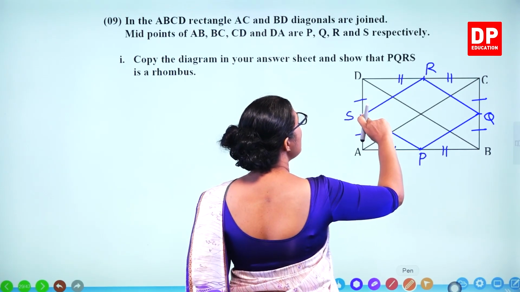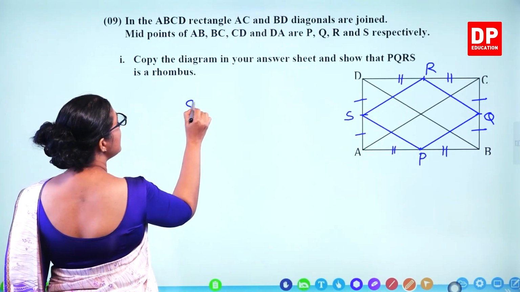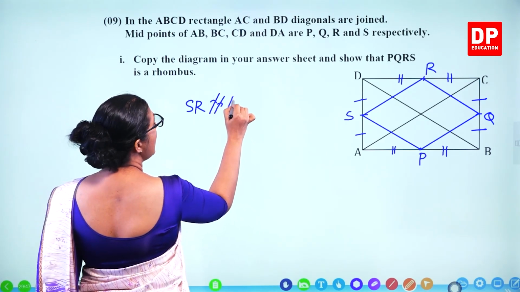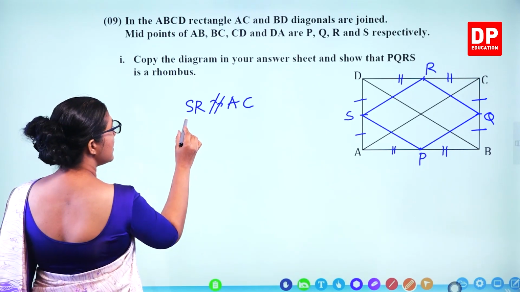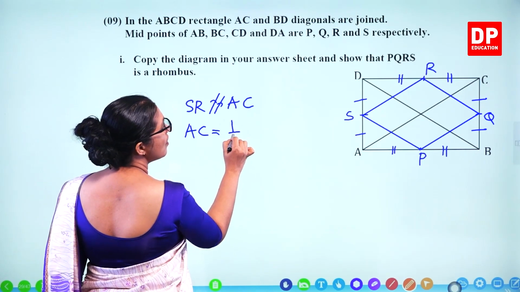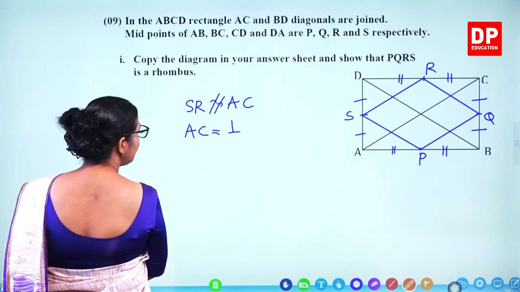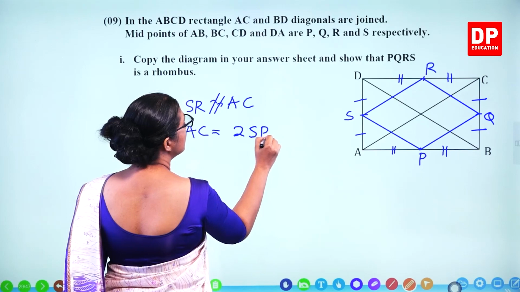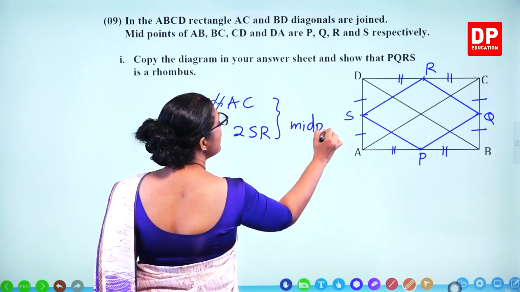When you're joining two midpoints, according to midpoint theorem, SR is parallel to AC, as well as AC is double, twice of SR, according to midpoint theorem.